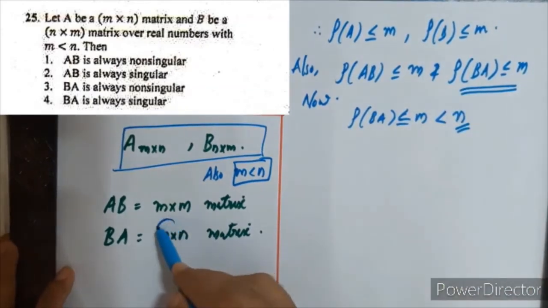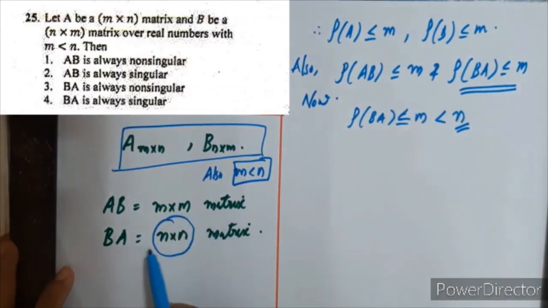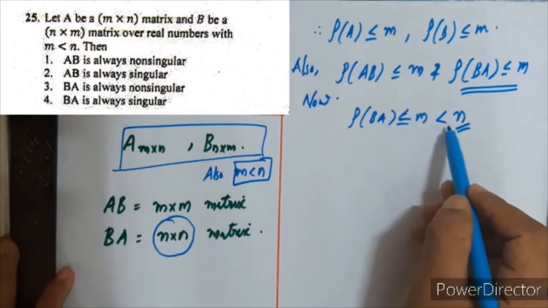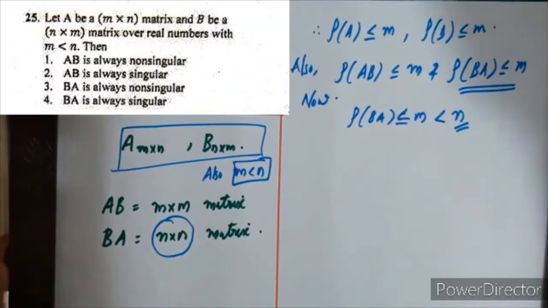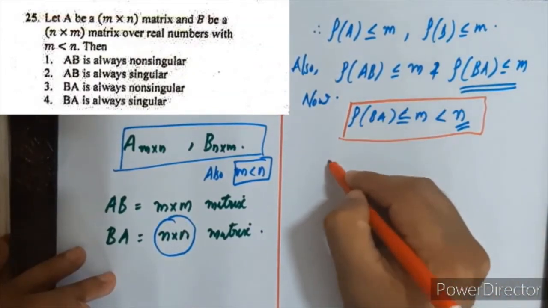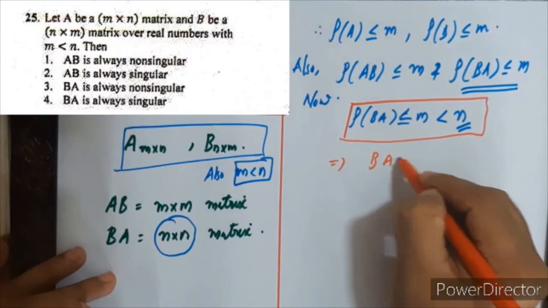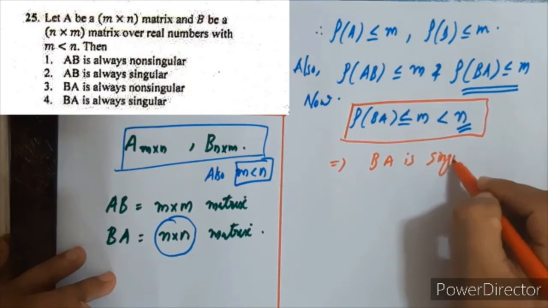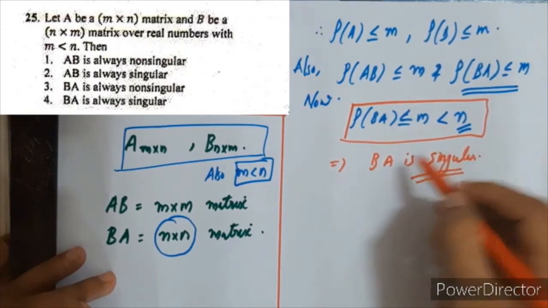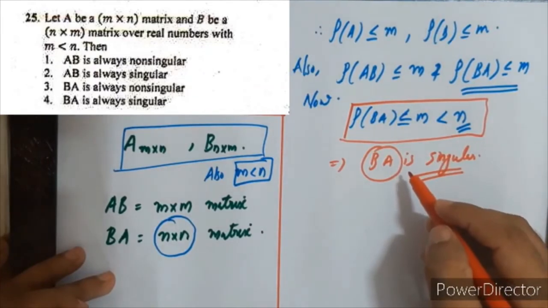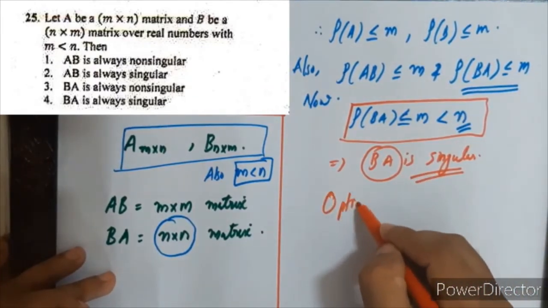What is the order of BA? n by n. So rank of BA is less than n, which implies BA is singular. So what we can conclude? The matrix BA is singular. So option 4 is correct.